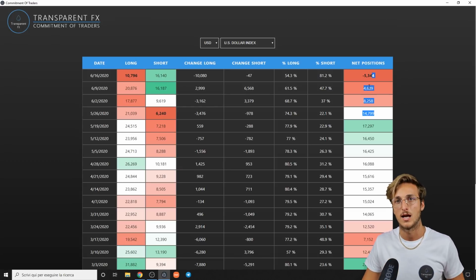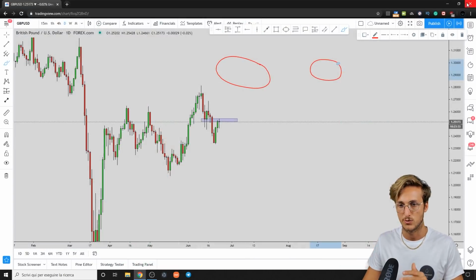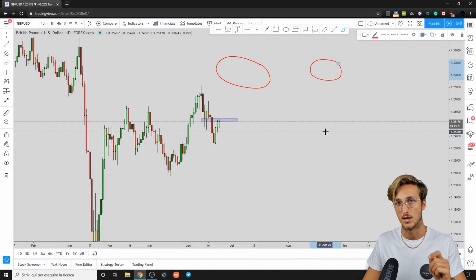So the simple answer is to use both technicals and fundamentals. You can focus on studying the fundamentals themselves, or you can just follow the orders of hedge funds. That is what we do, and that is what works best for us. So this is the answer to the first question that we had.